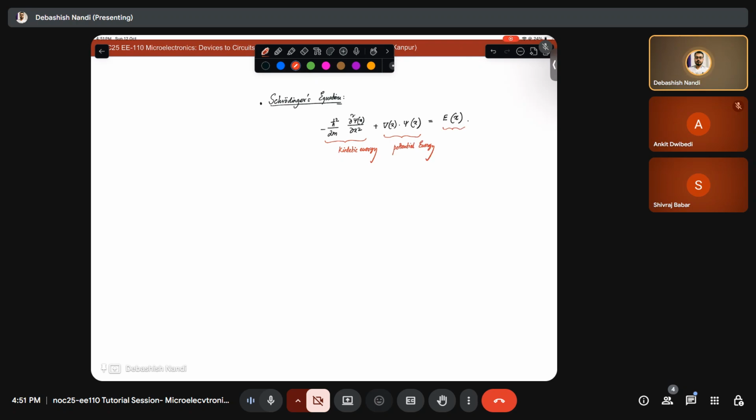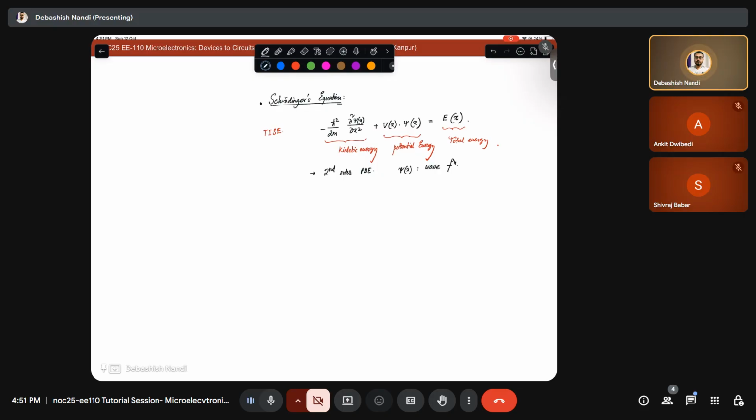And this is the total energy. This is called the time independent Schrodinger equation. Now you solve this. It is basically a second order PDE where psi of x is the wave function.